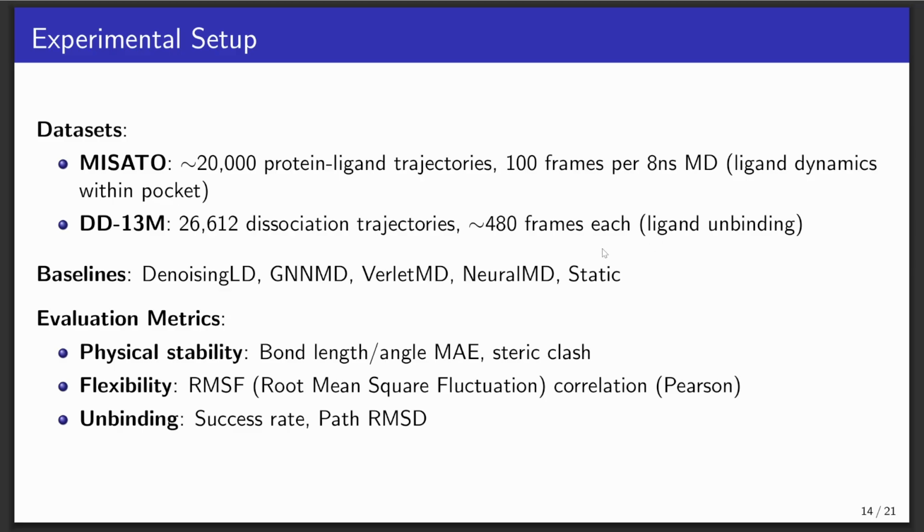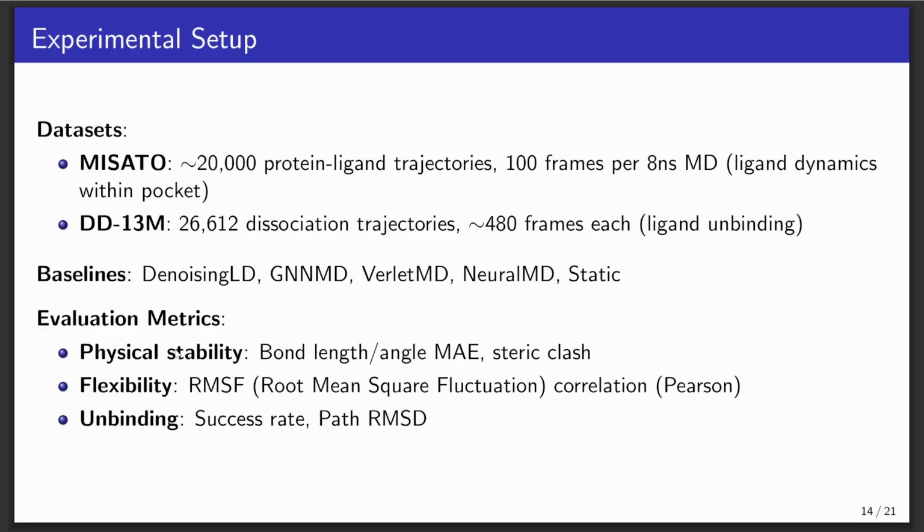The baselines are chosen to be denoising LD, GNN-MD, Verlet MD, NeurMD, and static methods. It evaluates using these metrics. The first is physical stability, for example, whether it can model the correct bond length and the angle measured by MAE, or whether it will recover the steric clash or not.